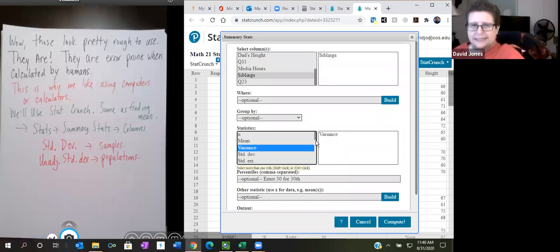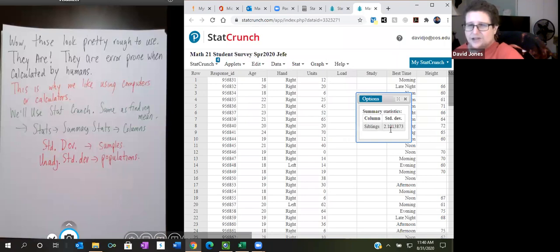With variance, we also have unadjusted variance. I'll cover what that means in a second, but let's just take a look at it. For siblings, we calculate the standard deviation. The standard deviation is 2.19. And depending on how many places StatCrunch or the MyMathLab homework wants, you use that many decimal places.